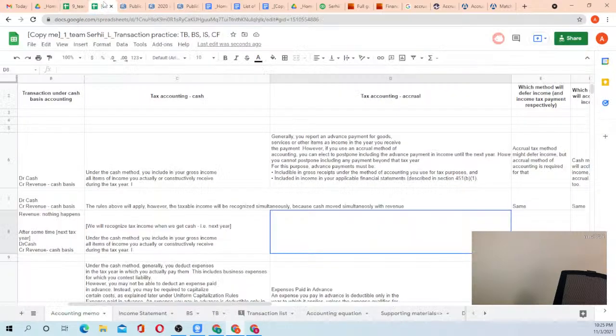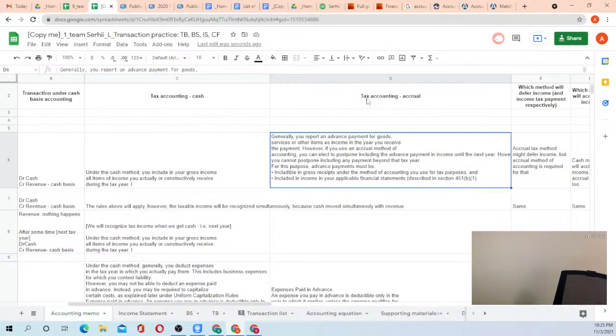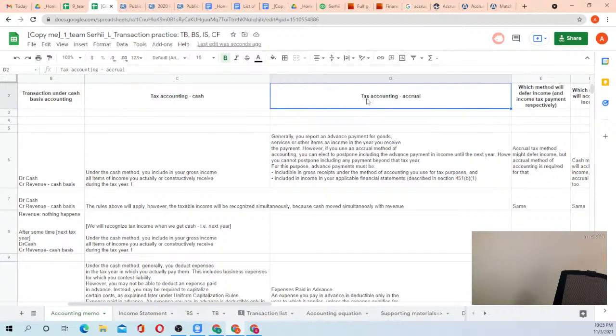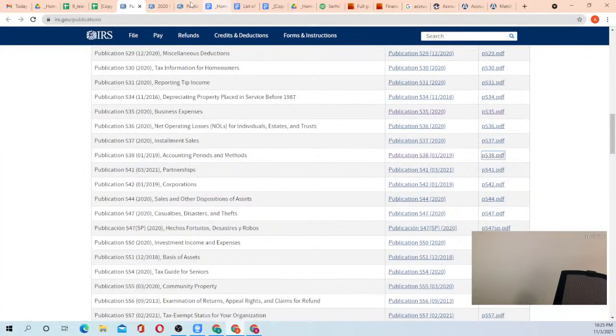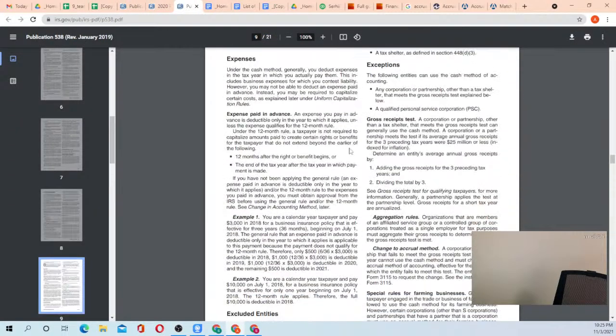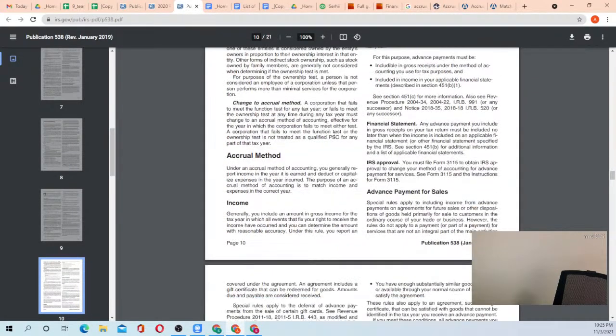So let's go back to our situation. Now we need to figure out how to treat such situation under the accrual method of accounting. Let's go to that memo. Let's scroll down to the accrual method. Income.